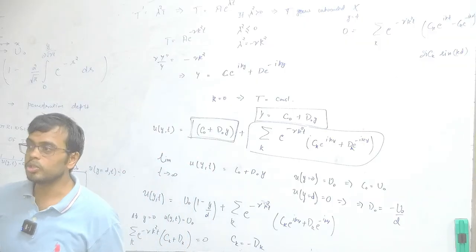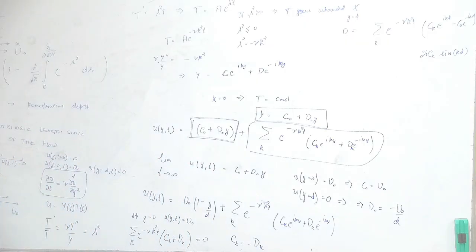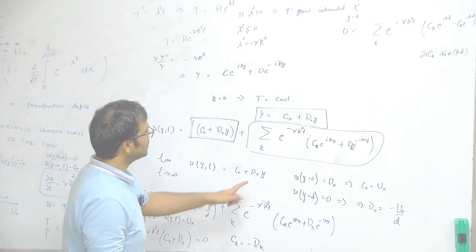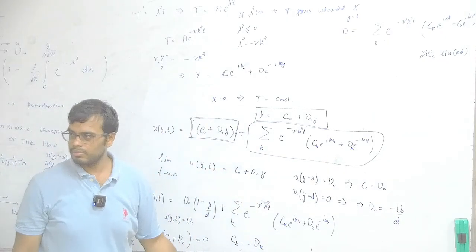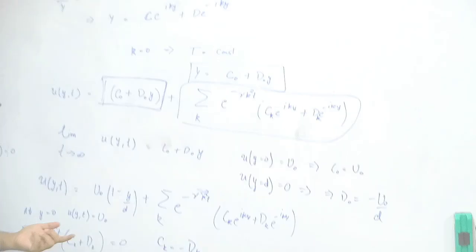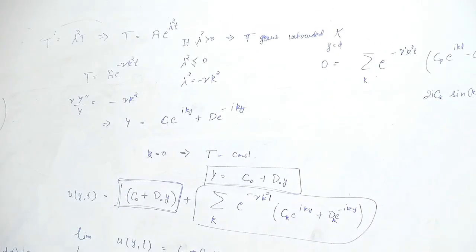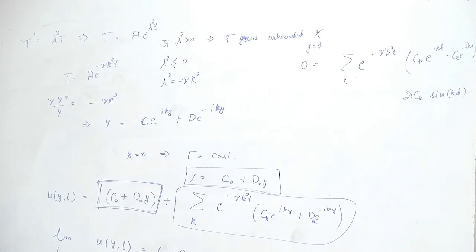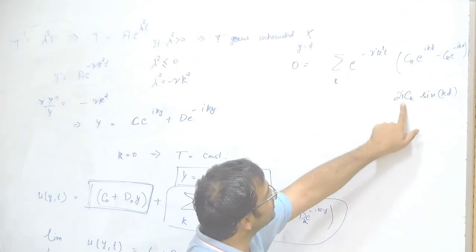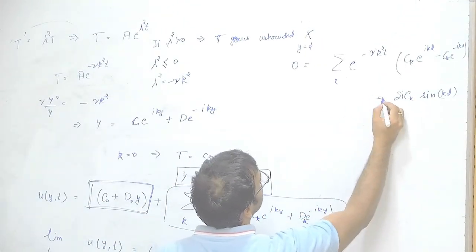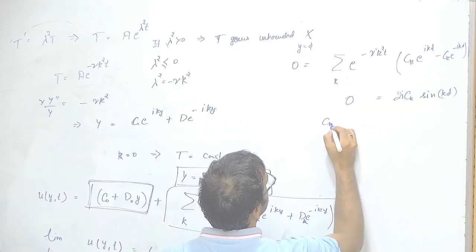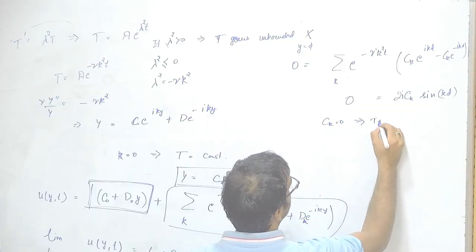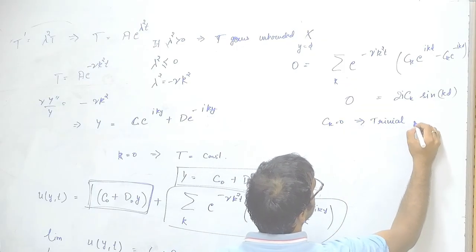There are two ways to solve this. One is ck equals 0, that is a trivial solution. There is one solution that satisfies this equation when u is 0, which makes no sense. So ck equals 0 gives you a trivial solution, which is useless for us.